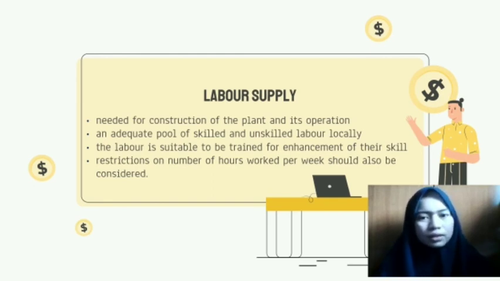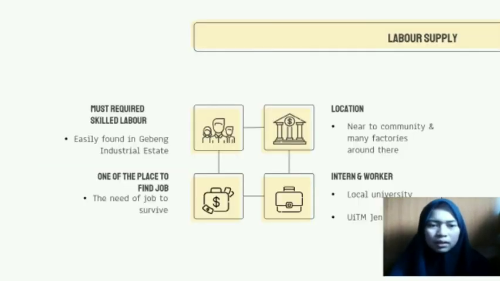The restriction on the number of hours worked per week should also be considered to avoid dissatisfaction or a high turnover rate among the workers. For this plant, we need skilled labor, and as our plant is located at Gebeng, Pahang, we can easily find labor at Gebeng Industrial Estate.